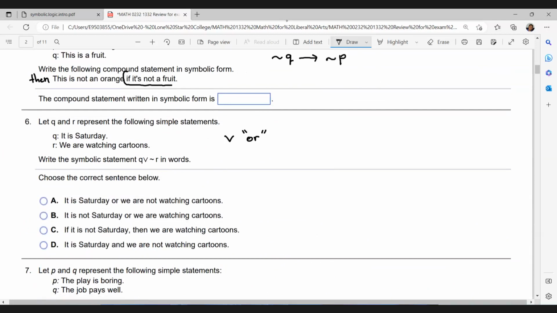And this will be the negation of R, so we introduce the word "not". It will say something like this: it is Saturday, or, there is the connective, we are not watching sports.